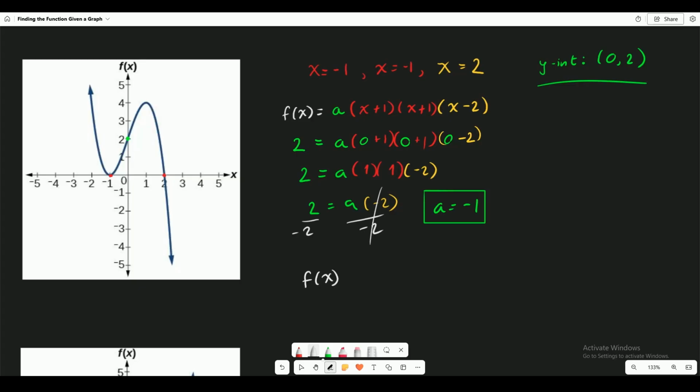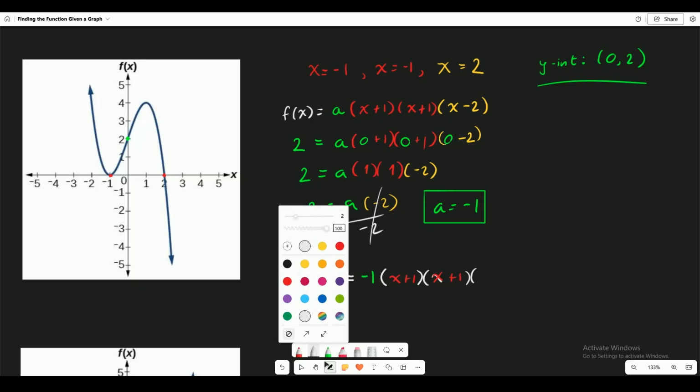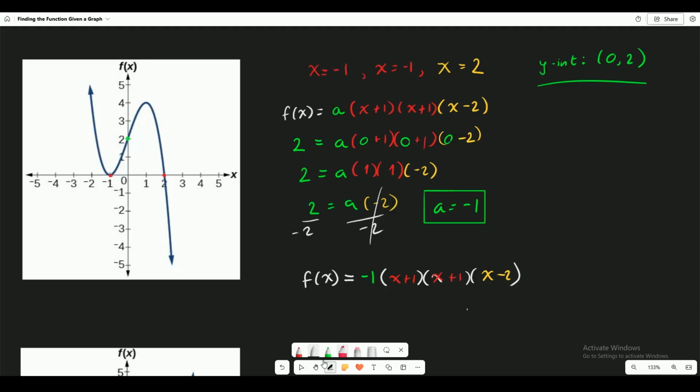F of x is equal to negative 1 times x plus 1 times x plus 1, right, times x minus 2. Just like that.